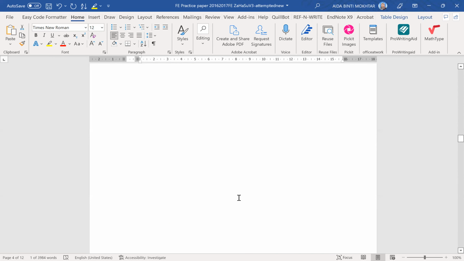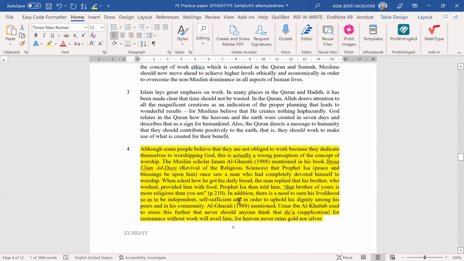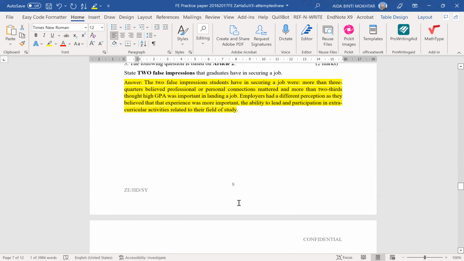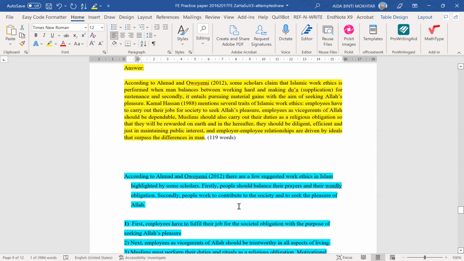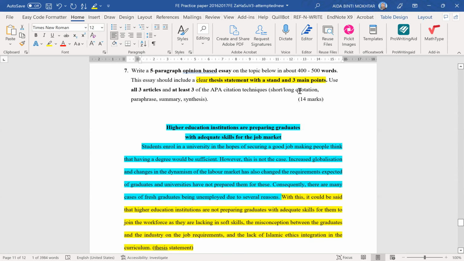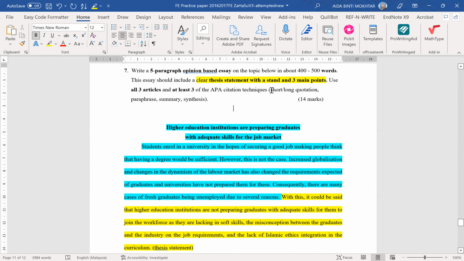Okay, so make sure that those 3 elements are there. The 3 main points are there, all 3 articles are incorporated, and at least 3 of the APA citation techniques. You need to have a short or long quote, you need to paraphrase, summarize, synthesize, right? So perhaps these would be the easier ones.